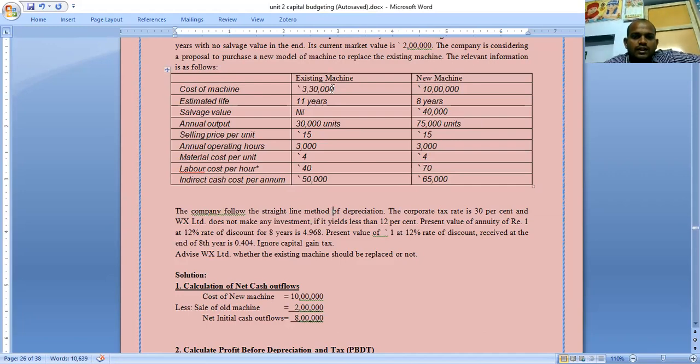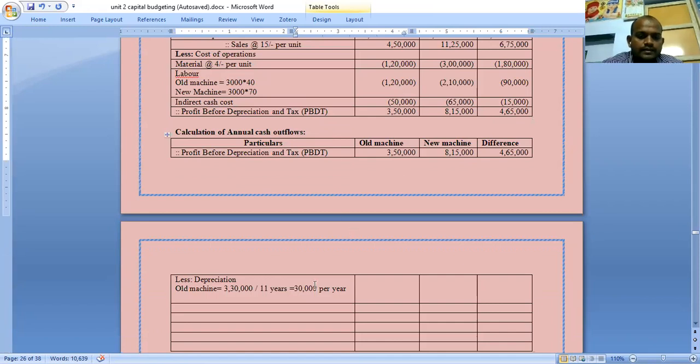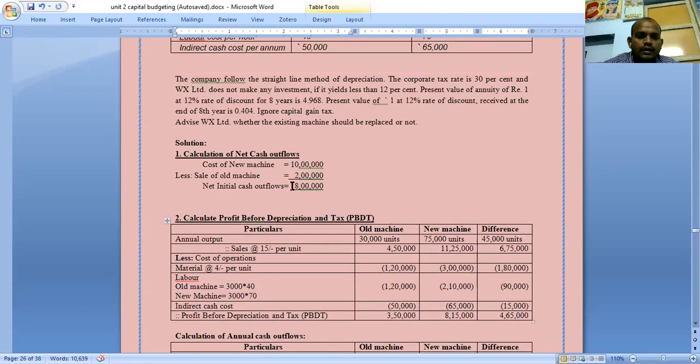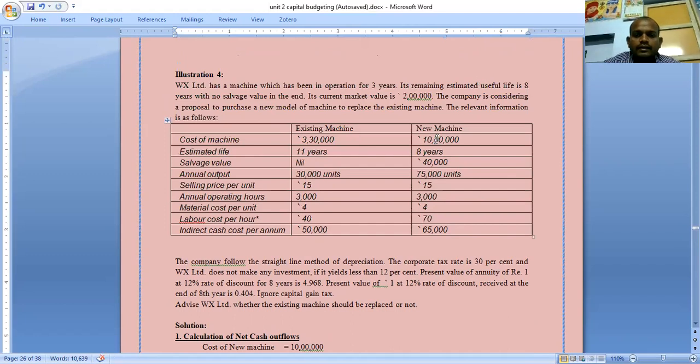So 3,30,000 divided by 11, that is 30,000 per annum. For the new machine, we have salvage value here. 10 lakhs, and we have a salvage value in the 8th year.